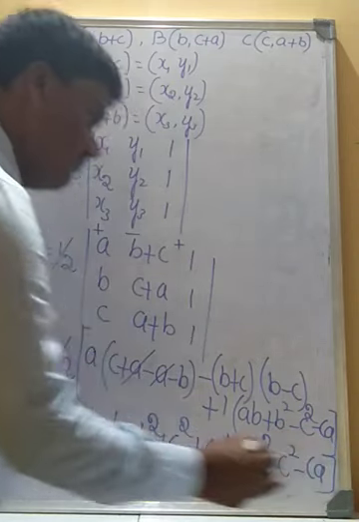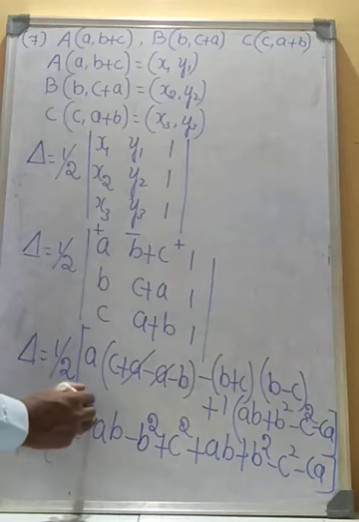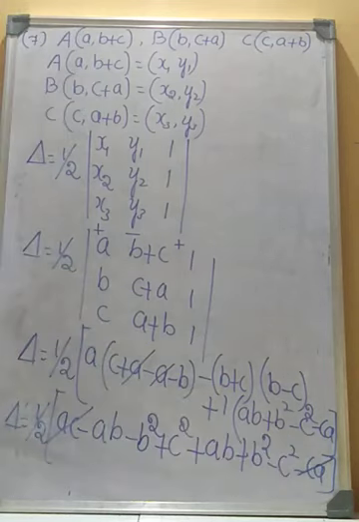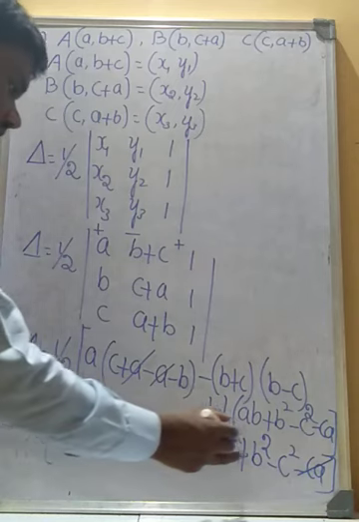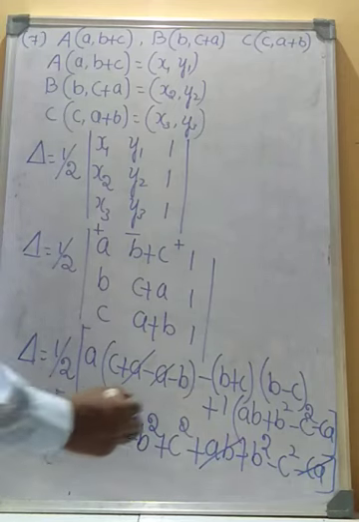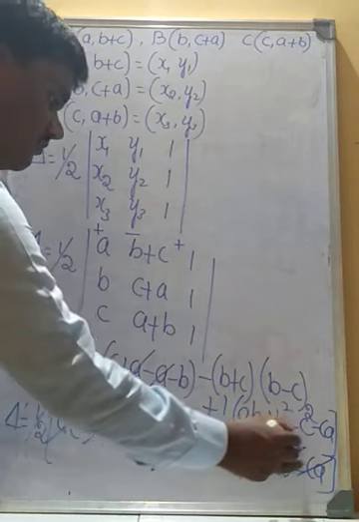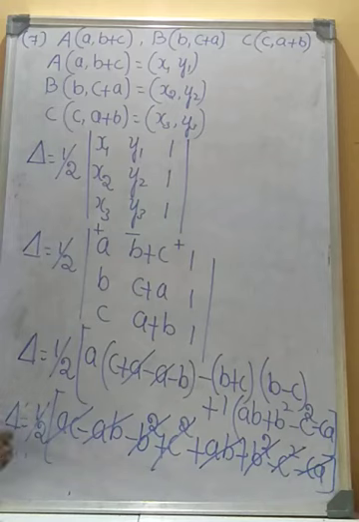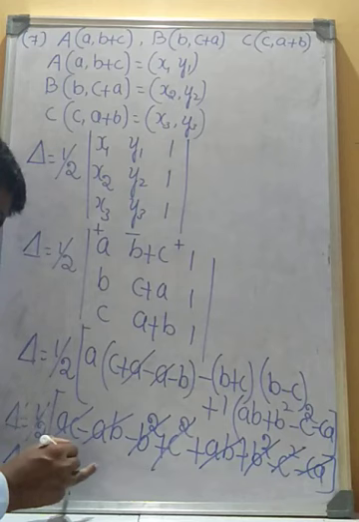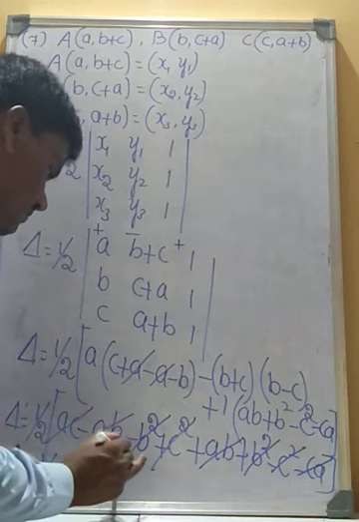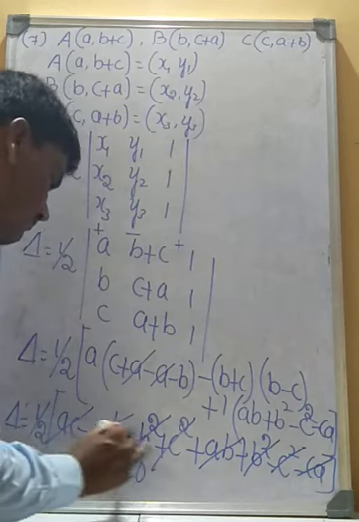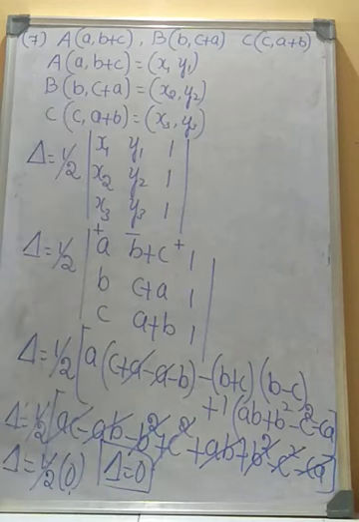So plus ac minus ac cancels, minus ab plus ab cancels, minus b square plus b square also cancels, plus c square minus c square also cancels. Therefore delta equals half into 0. Therefore delta is equal to 0, meaning the area becomes 0. Thus the given points are collinear.